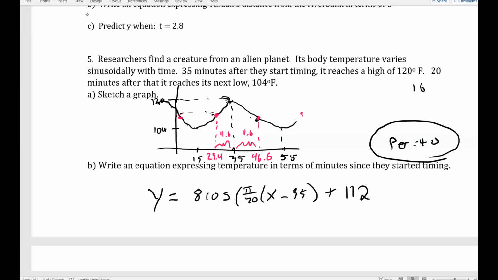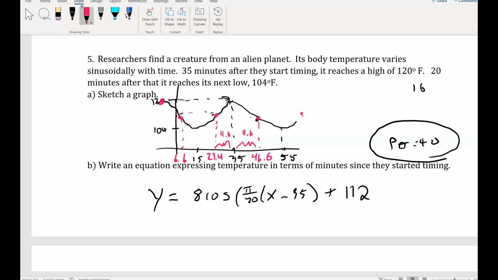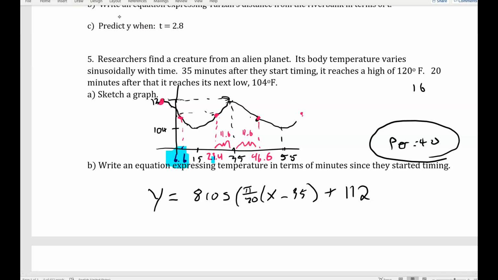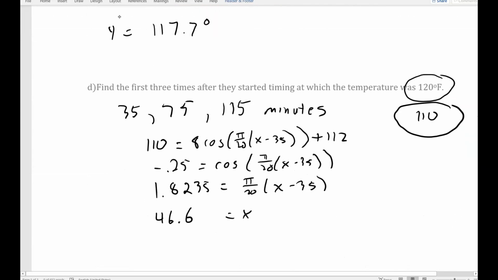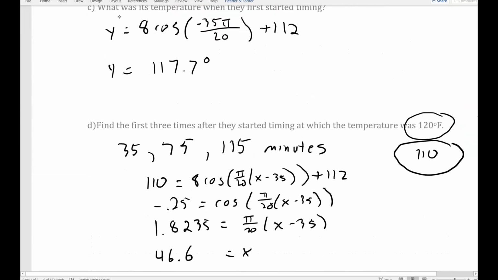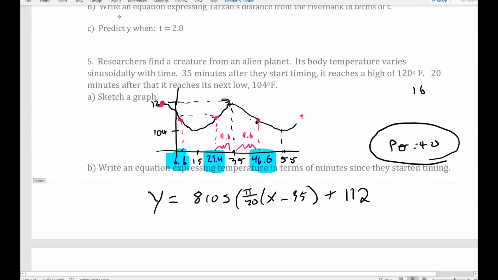I also know that this point right here would be 11.6 from that maximum, which is at negative 5, so negative 5 plus 11.6 gives 6.6. So those are my 3 answers: 6.6, 23.4, and 46.6. We got the 46.6 by solving the equation, and then we just used symmetry to find the other 2. All right, hopefully that's helpful.